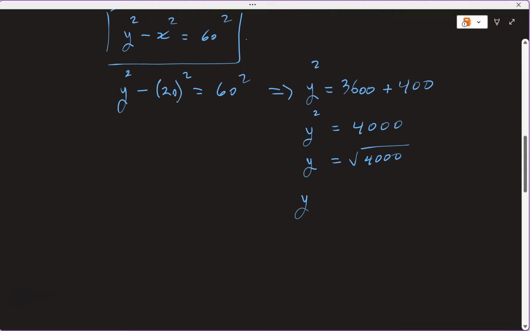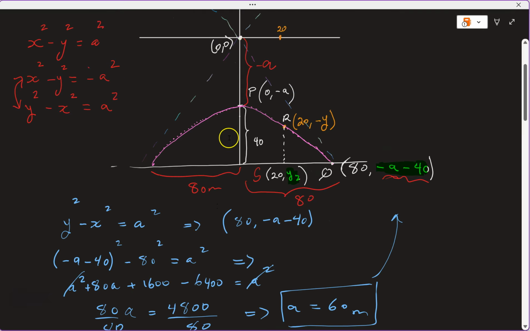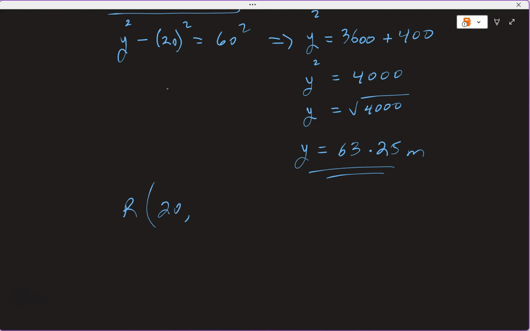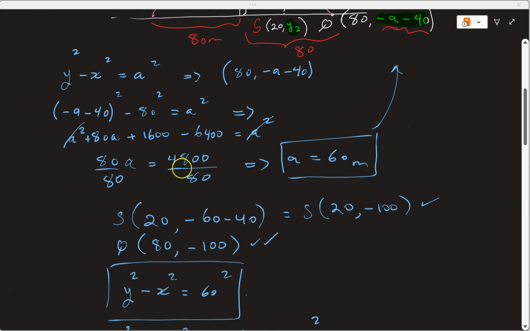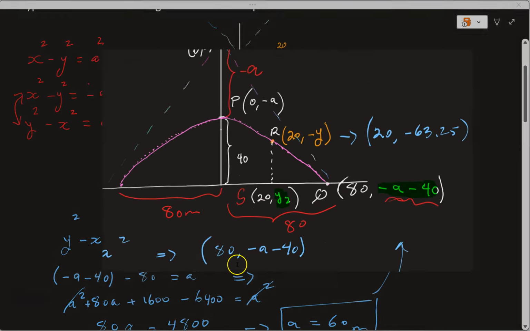And you get y equals 63.25 meters. That's the coordinate of y, and that's negative, so our coordinate is 20 comma negative 63.25. So now that we have this value 63.25, when you take the square root of 4000, you have the coordinate of R, and so here it is.